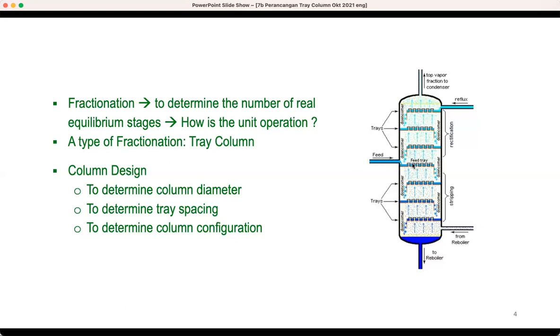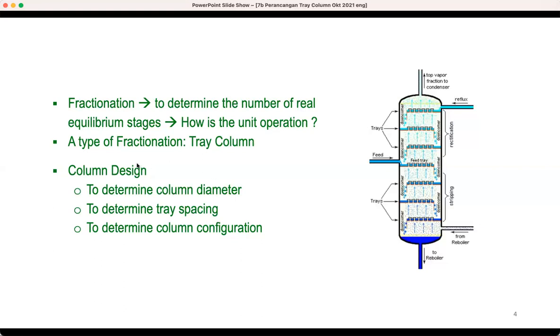You can see that the liquid goes down because of gravity, through a little bit of perforation, and from the bottom there is vapor, and the vapor will go up. We understand that in each stage there would be an exchange, where the mixture of liquid and vapor will interact, and it will result in a new equilibrium based on the different conditions of temperature and pressure.